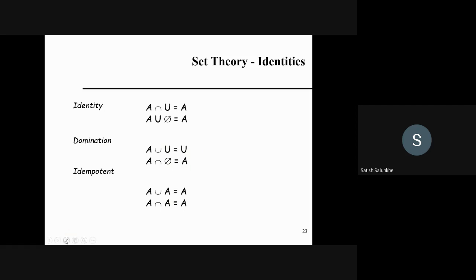This is absolutely right, I appreciate it. Let me just use the pen. This is absolutely wrong. This should be null set. Yes, you are right. This is a typo error. Eliminate this. This should be null set. Good, you are a keen observer.